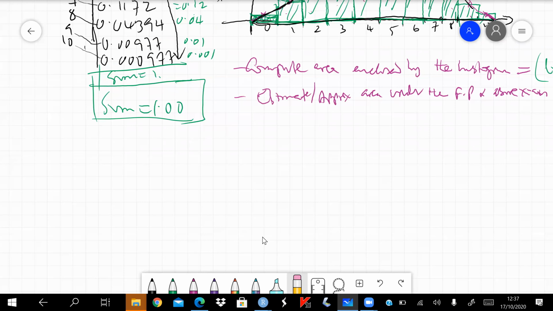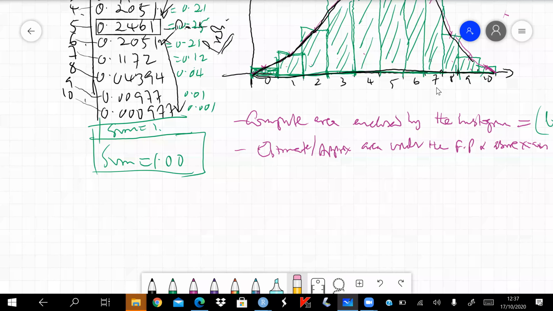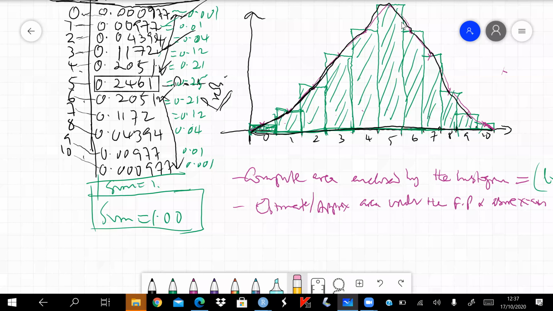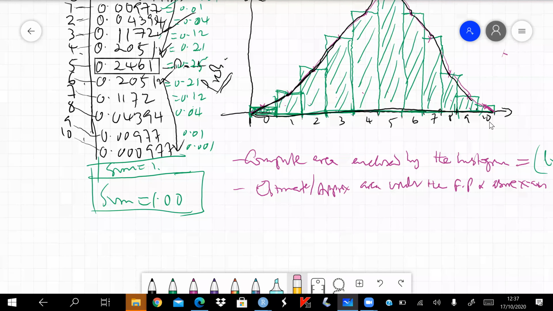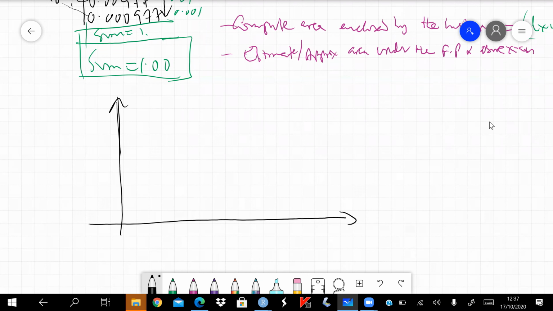You notice that as the values of n increase, this frequency polygon becomes a smooth curve, and this smooth curve seems to be a symmetrical curve, which looks like this. If you increase the number of trials when p is 0.5, you will end up with a smooth curve that looks like that.